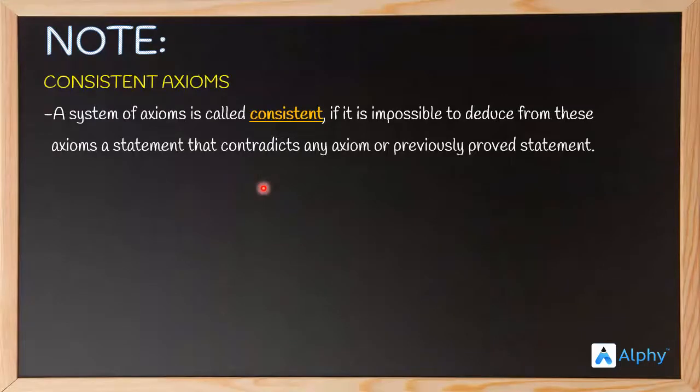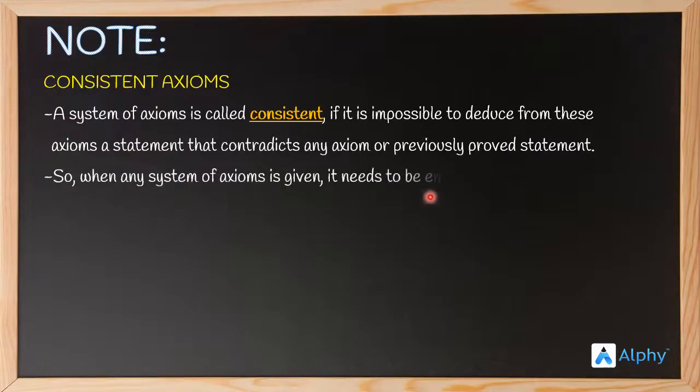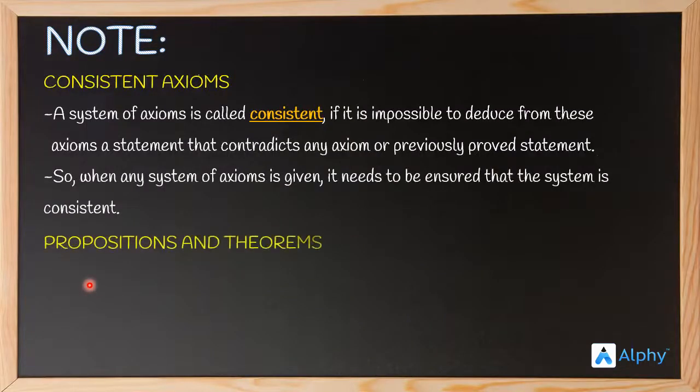So it tells us that whenever an axiom is given, if this axiom does not prove wrong or contradict any other axiom that was given before it, then this axiom is called a consistent axiom. Okay? So whenever any system of axioms is given, it needs to be ensured that this system of axioms is consistent.